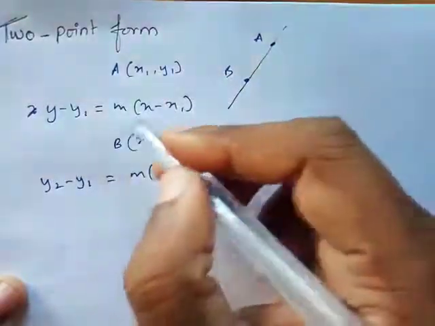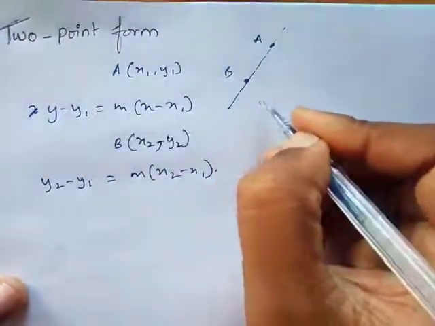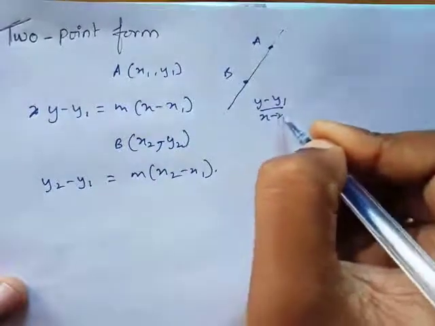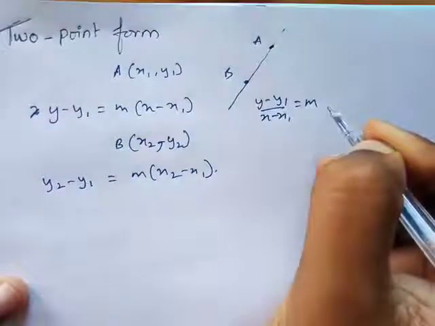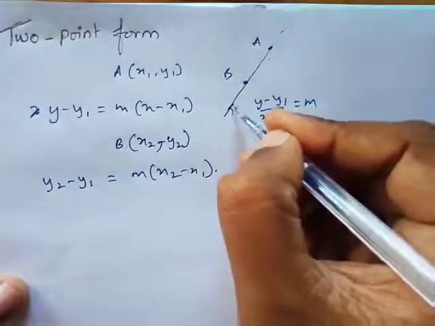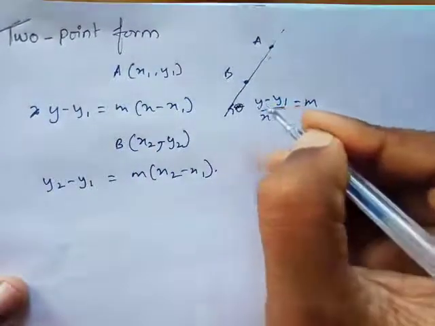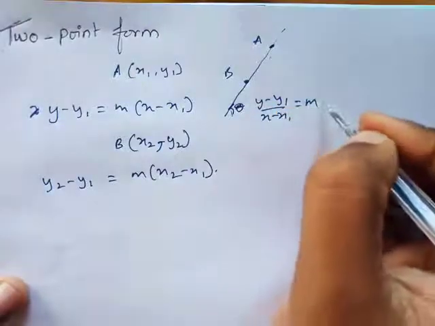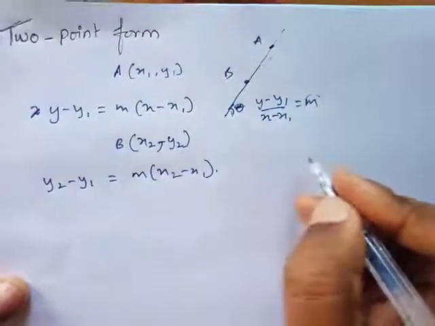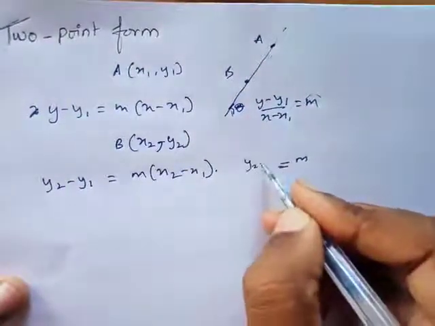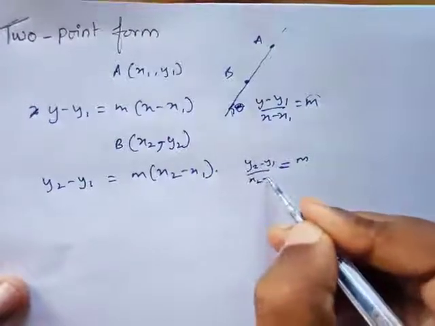So I'll be finding m in both of them. The value of m is (y minus y1) upon (x minus x1). It is the same equation, same m, the slope, theta, whatever it is, and this one's slope will also be the same slope: y2 minus y1 upon x2 minus x1.